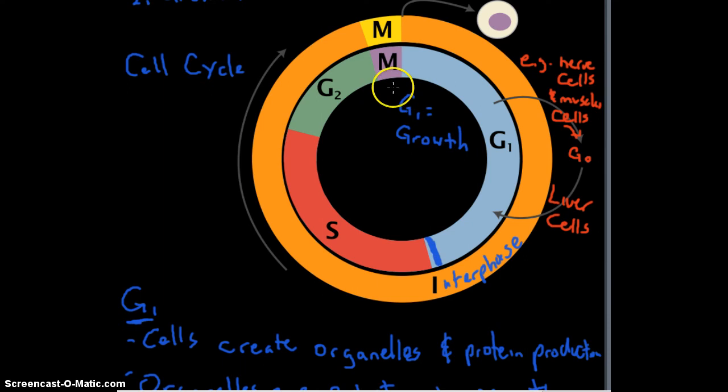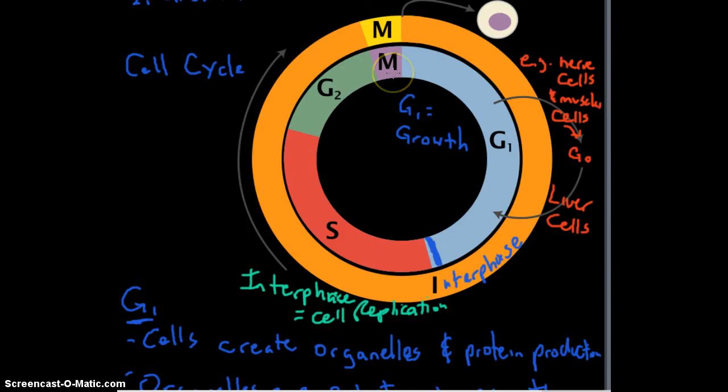Interphase, we think of as a phase of cell replication. Because all the organelles and the genetic material in S is getting replicated. You have to replicate your material before you can divide into two identical cells.